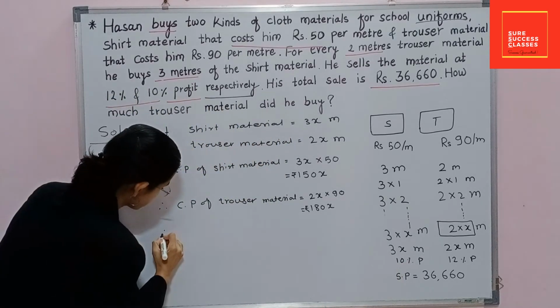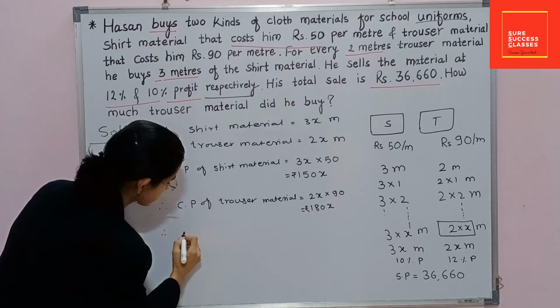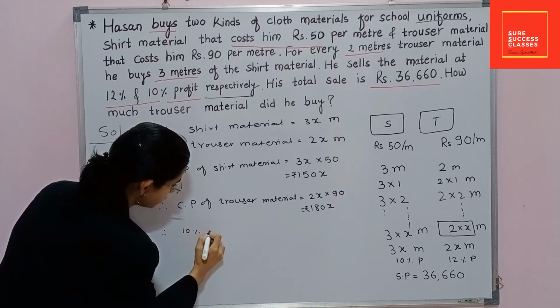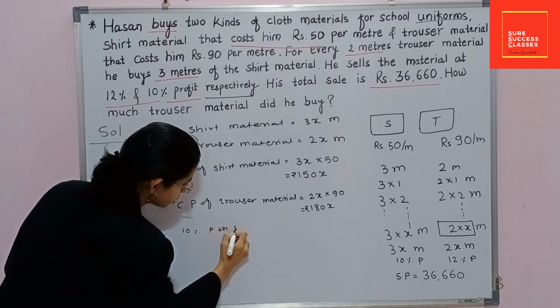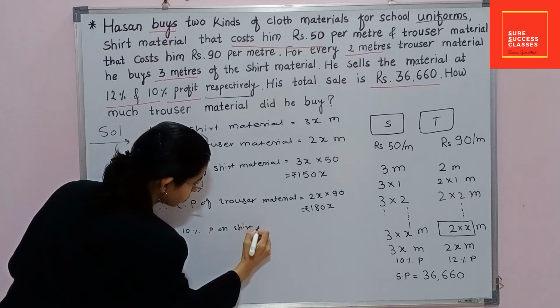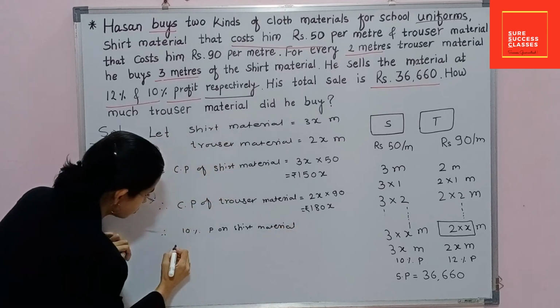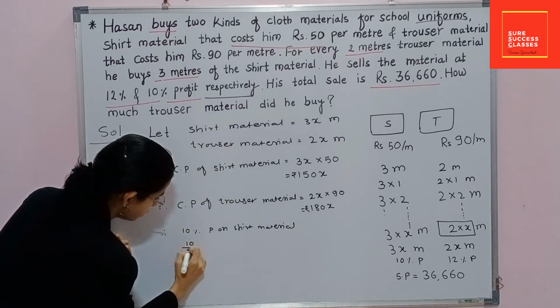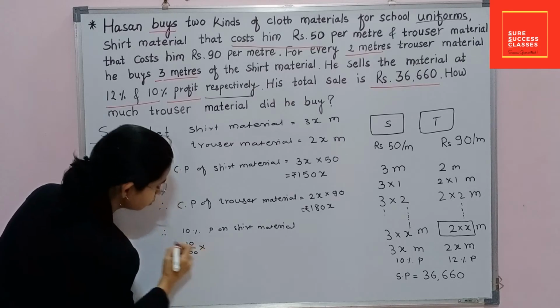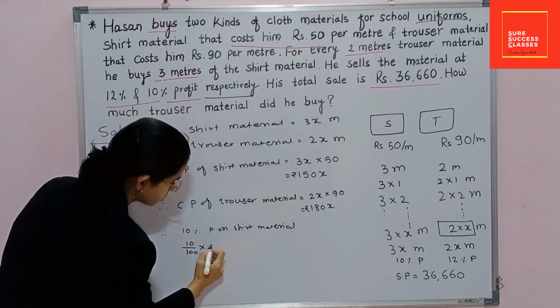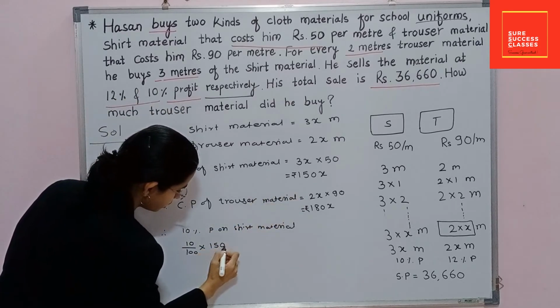Let's see here. 10% profit on shirt material. So 10 divided by 100 into cost price. Cost price is 150x.